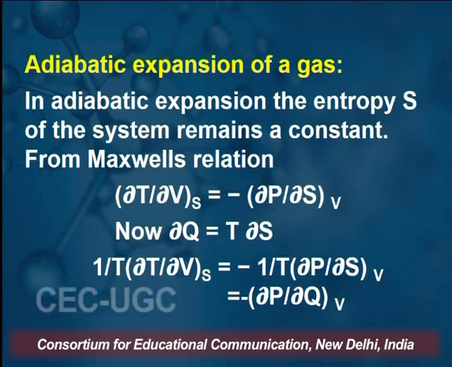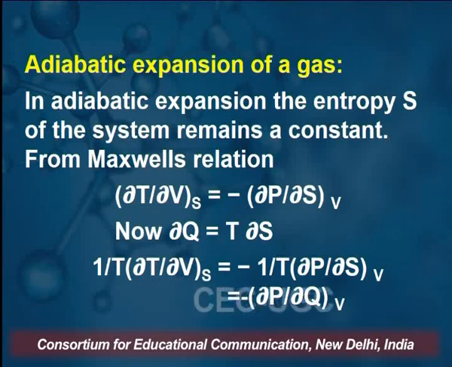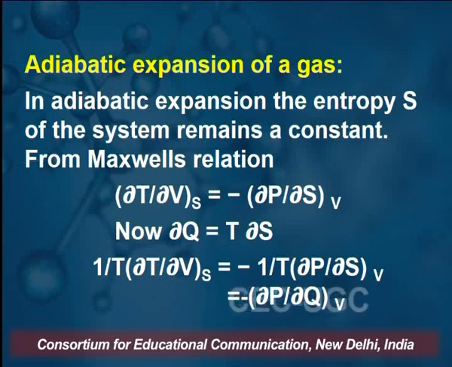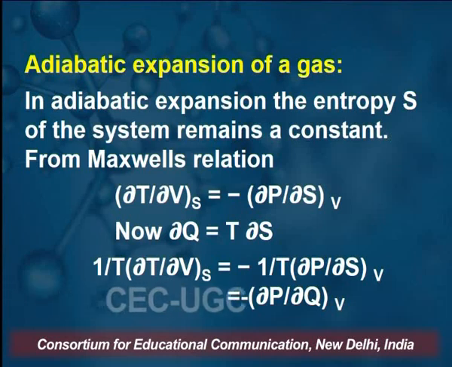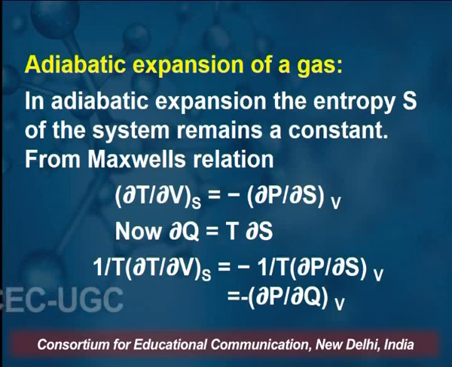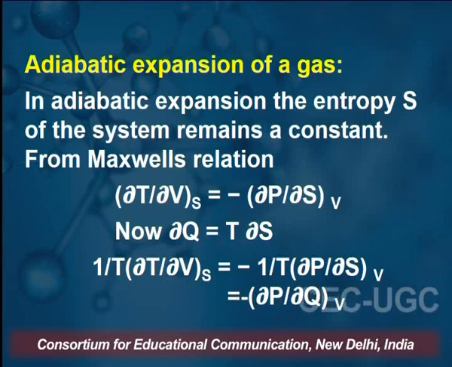Now, by definition of entropy, we have δQ equal to T δS. Thus, we can write (1/T)(∂T/∂V) at constant S is equal to minus (1/T)(∂P/∂S) at constant V. Here we have divided the earlier equation by T, a simple step, which will now give us minus ∂P by ∂Q, because T δS is equal to δQ.